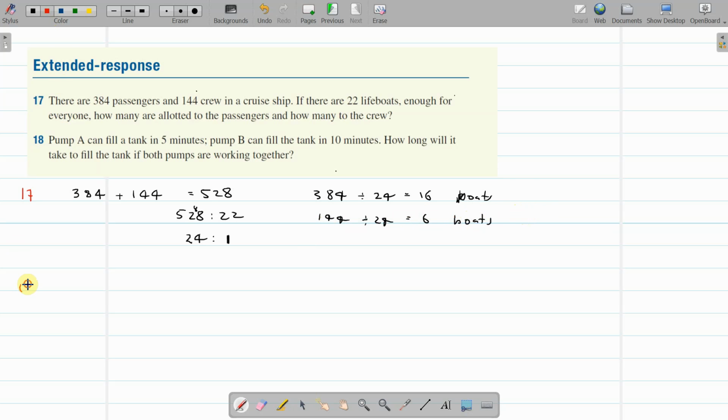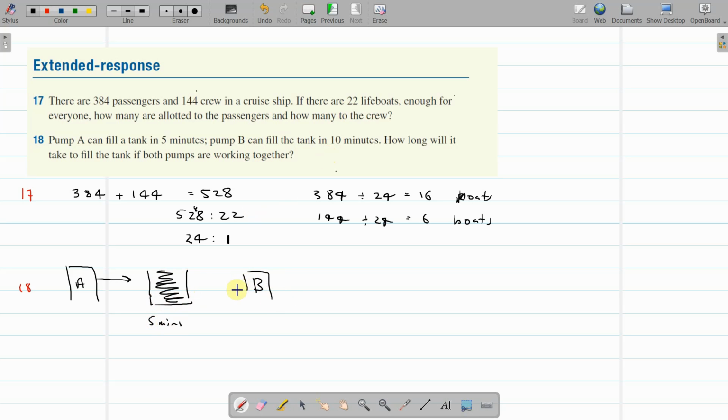Okay, 18. This one is a little bit more involved, but we'll have a quick look. Pump A fills a tank in 5 minutes. Pump B, what does it do?